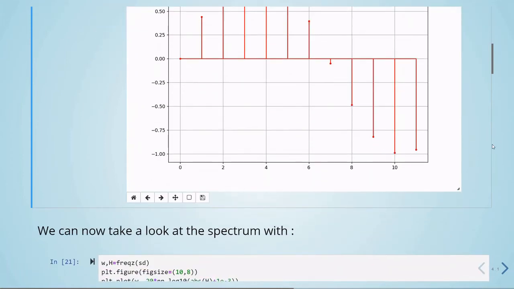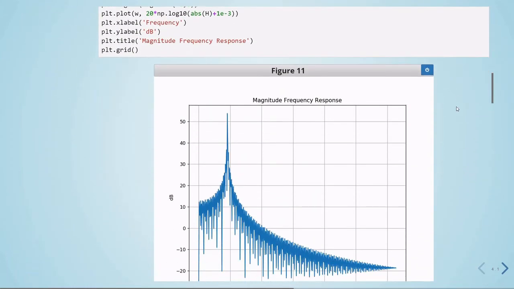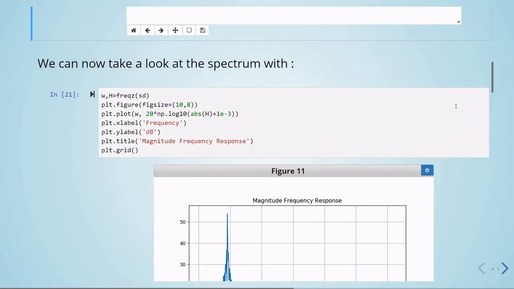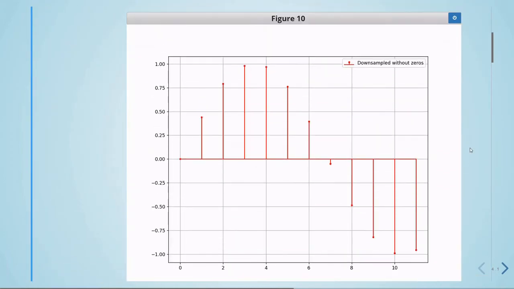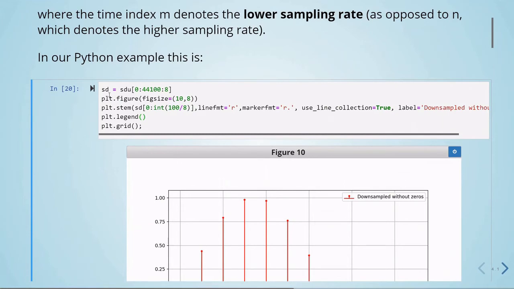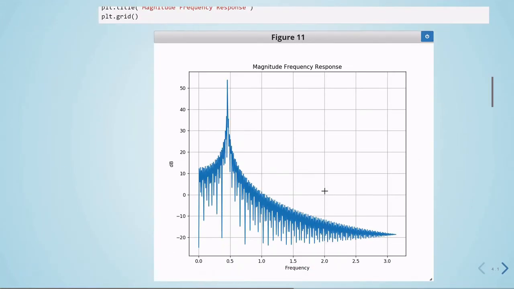And if we take a look at the spectrum without the zeros, we call it ST, with the zeros removed, we have this spectrum here.